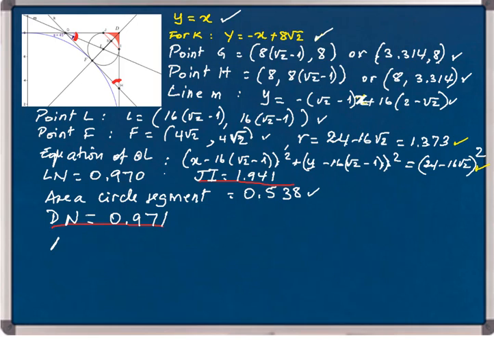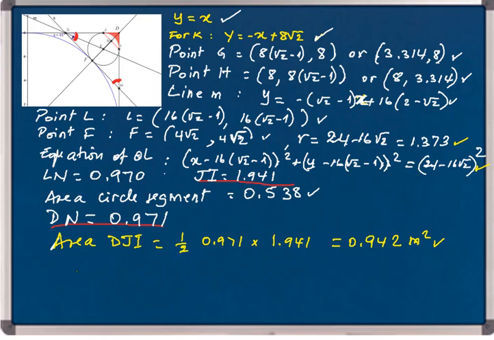Now that we have JI as 1.941 and DN as 0.971, the area of DJI is equal to half of the product of 0.971 times 1.941, which is 0.942 square meters.